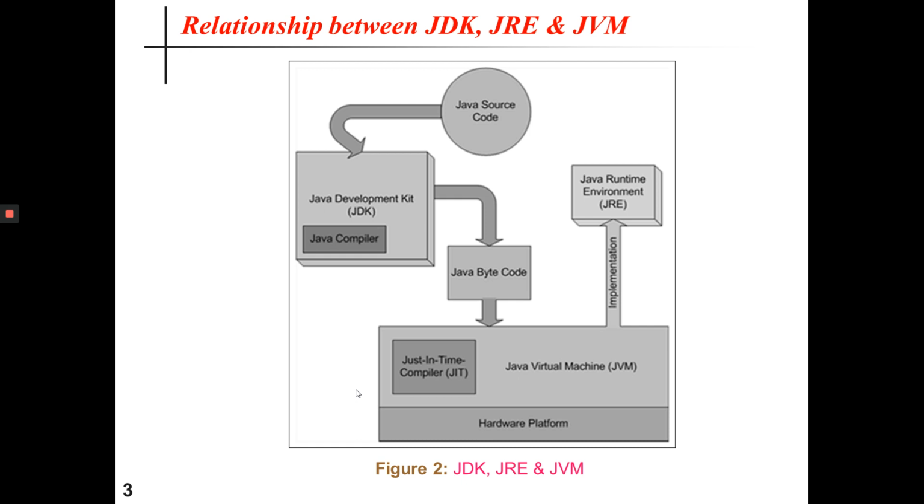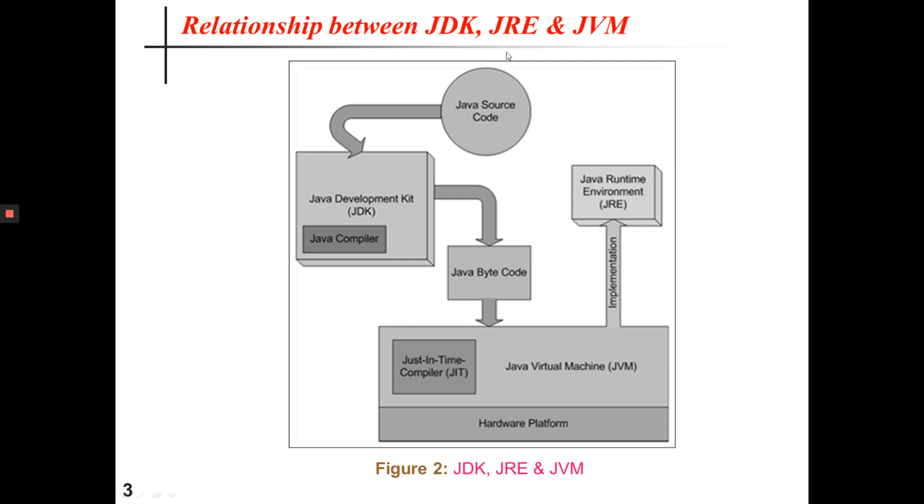JDK is basically the Java development kit. We have already seen the use of the javac compiler or the Java interpreter, which are basically part of the JDK. And JRE is basically the runtime environment provided by the Java programming language.